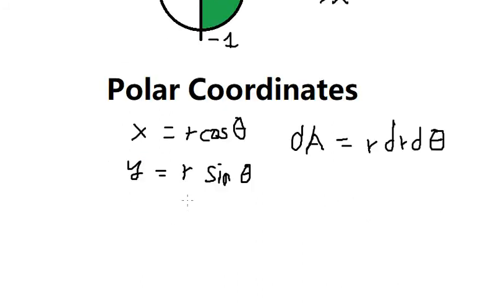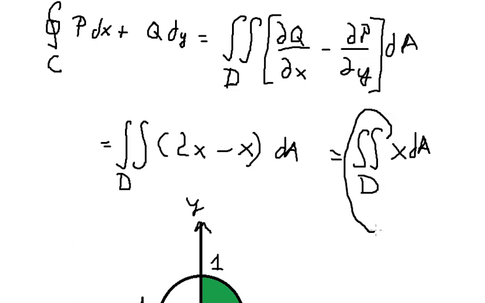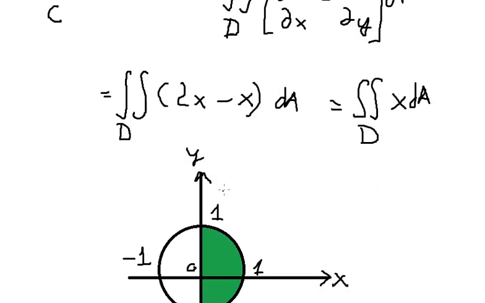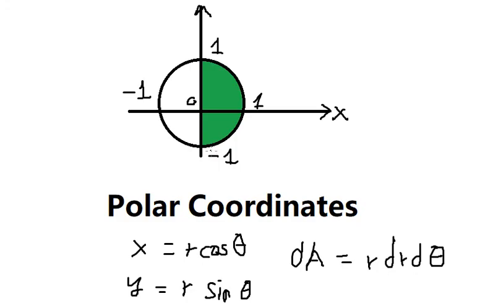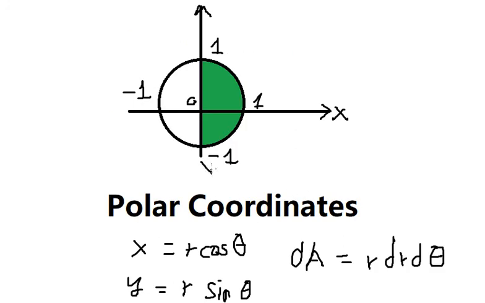The next one is about the bounds. We need to change to the new bounds in here. About x, we need to change it into r cosine theta. About dr, that is about the radius of the circle, so it should be from 0 to number 1. About d theta, we start from here.